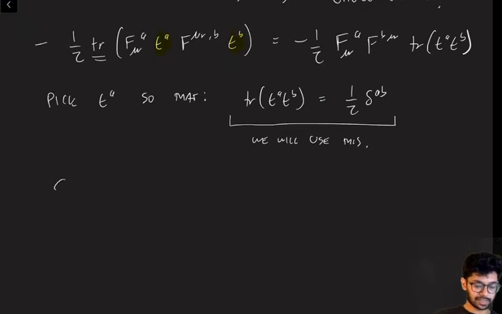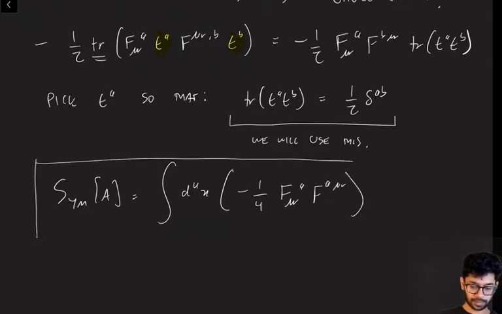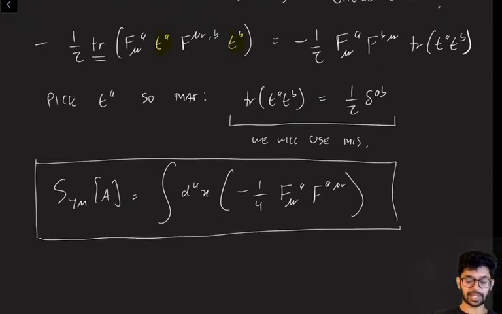Then what you find is that the Yang-Mills action is just the integral d^4x of minus one quarter F_μν^a F^{a μν}, where again there's an implicit sum over all of the Lie algebra indices of the gauge field A. That's it. This is what S Yang-Mills looks like in components.